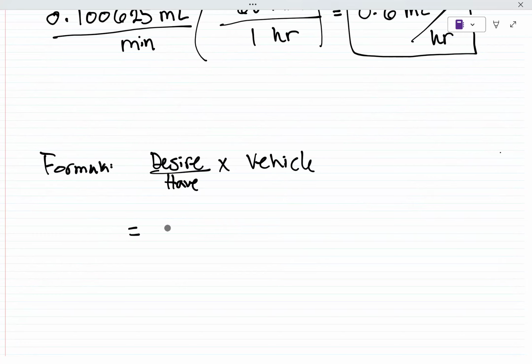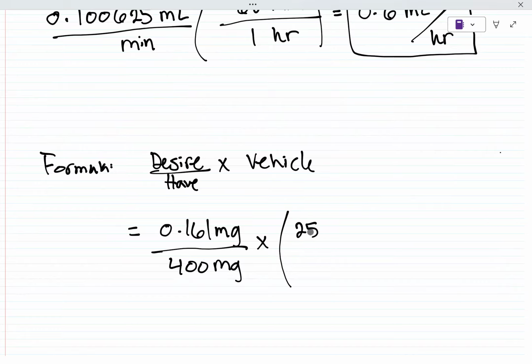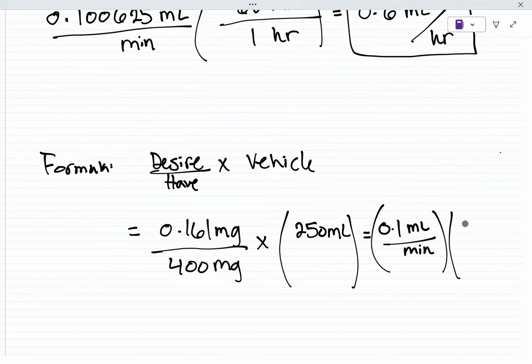Our desire was 0.161 mg and our have is 400 mg, times our vehicle, which is 250 milliliters. And that is 0.1 milliliters per minute. Then we have to get rid of that minute, so it's 60 minutes for 1 hour. So that's 0.6 milliliters per hour.